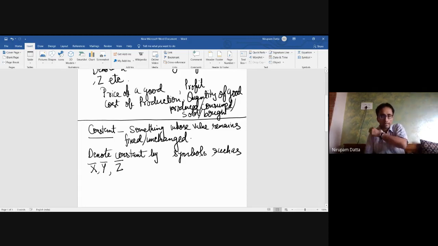The bar over x, y, and z denotes that the value is fixed or constant. So what can be an example of a constant? It's a very relative concept to begin with. When we are considering the price of a good as such, it's a variable.